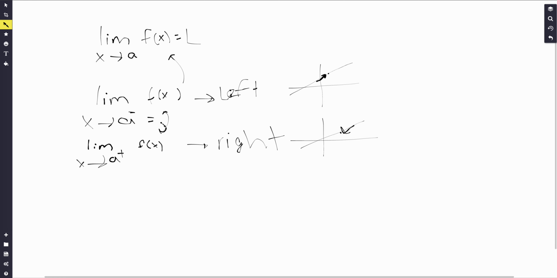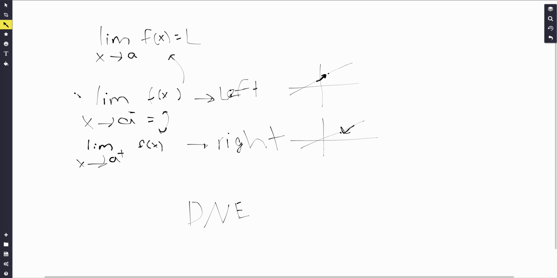But if one of them is different from the other, you write that the limit does not exist. So let's say the limit as x approaches a from the right side is 5 and the limit as x approaches a from the left side is 3, then the overall limit doesn't exist, because 3 and 5 don't equal each other.